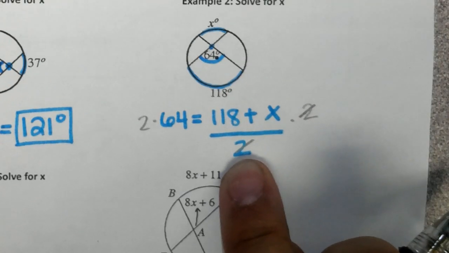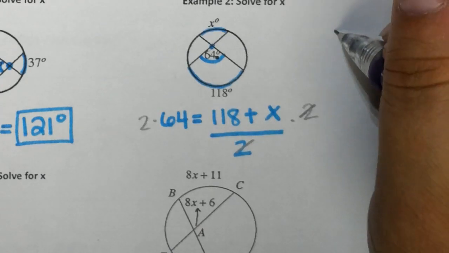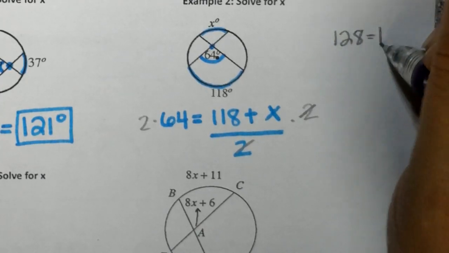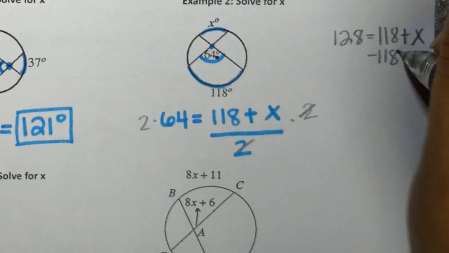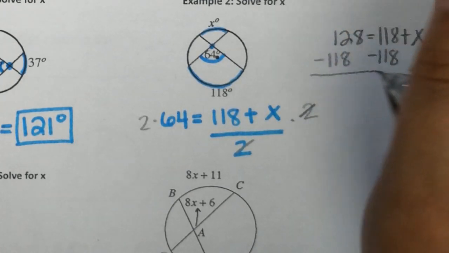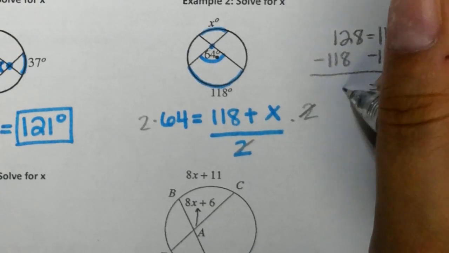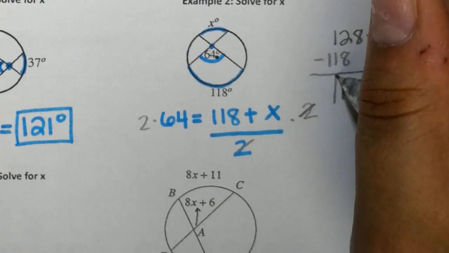What is 64 times 2? 128 equals 118 plus x. I gotta just subtract from both sides. And x equals 10 degrees is my answer.